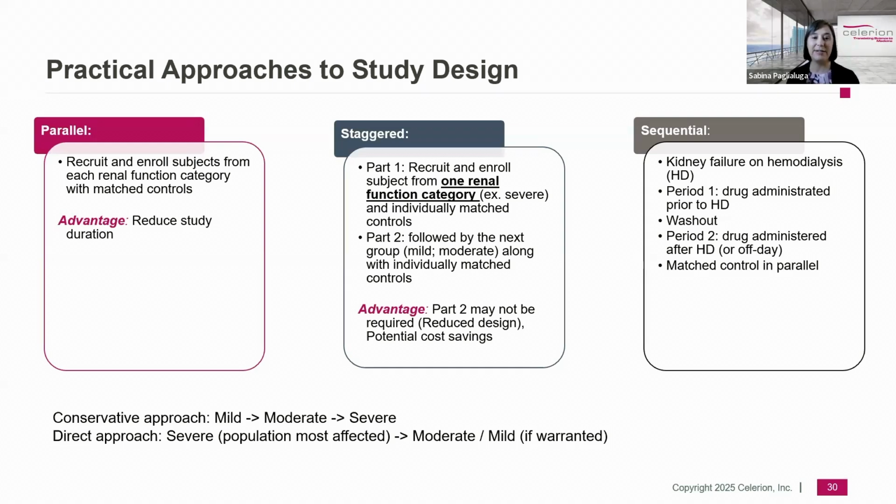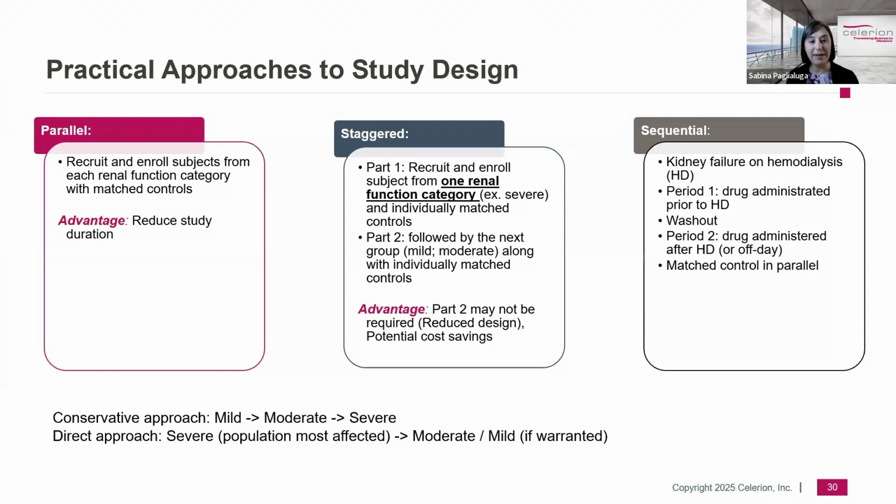A staggered design typically involves 2 parts. In the first part, we recruit and enroll patients from one renal category, for example, the severes and their matched controls. And then after data analysis and review, part 2 could continue in either mild or moderate patients with their matched controls.